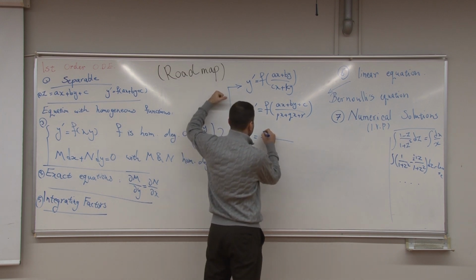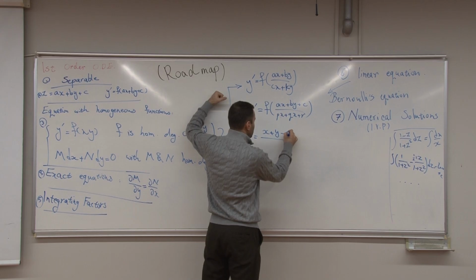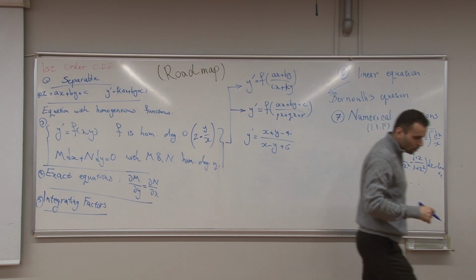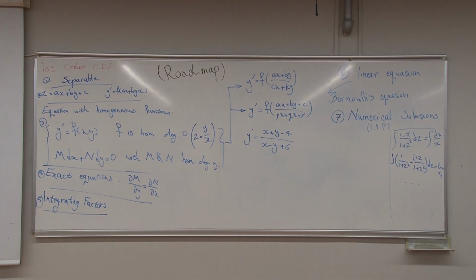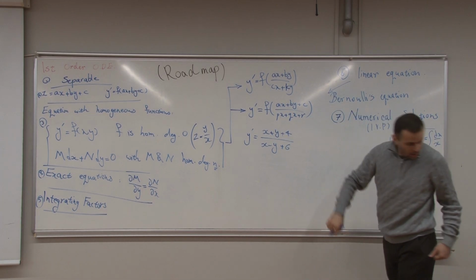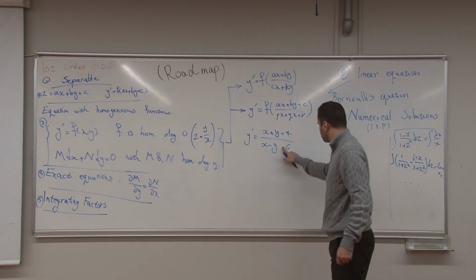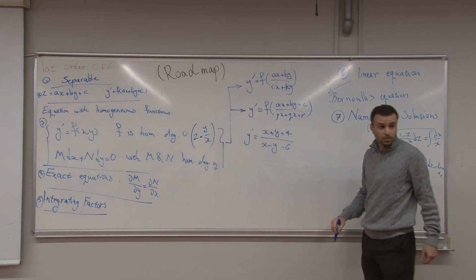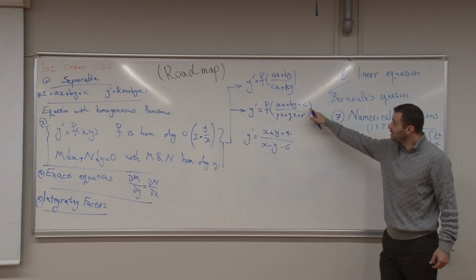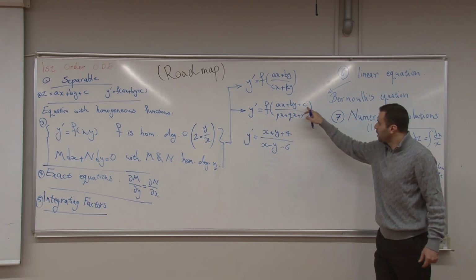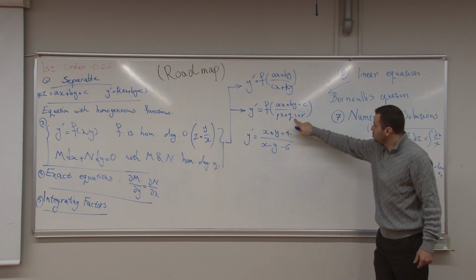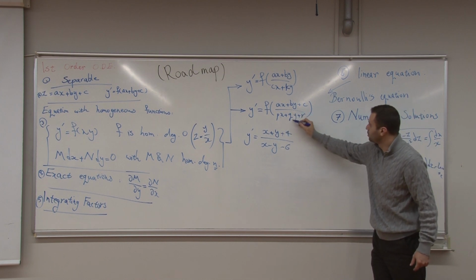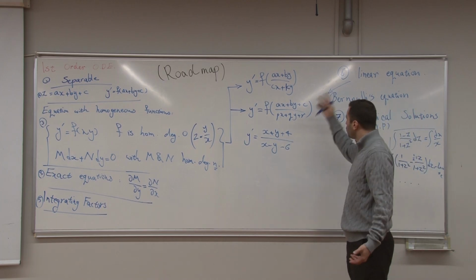If you have this kind of a x plus y minus 4 over x minus y plus 6. Or let me, I had a very similar question to this. Let me try to find that. x plus y plus 4 over x minus y minus 6. Which one? Here, ax plus by plus c over px plus qy plus r. Yes, r or any constant.